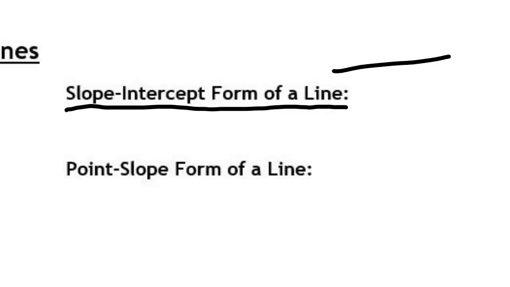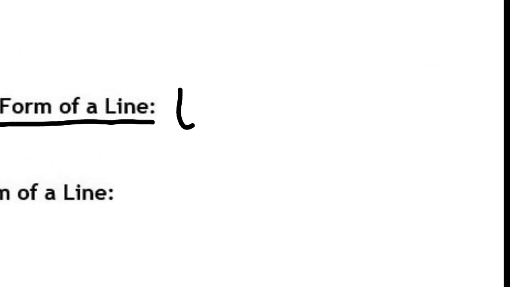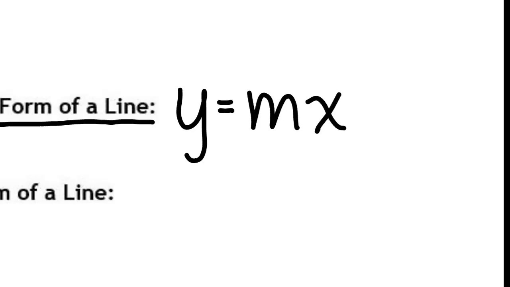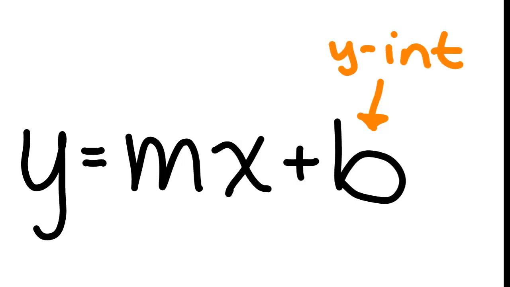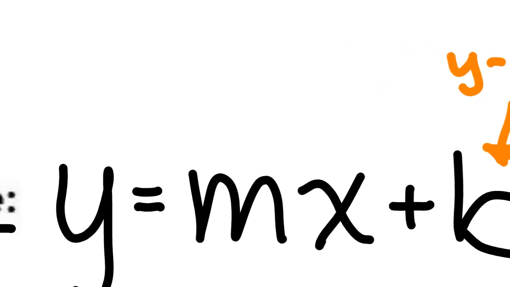It starts off with y equals. There we go. y equals mx plus b. Does that look familiar? Yes. b is the y-intercept, and m is the slope.